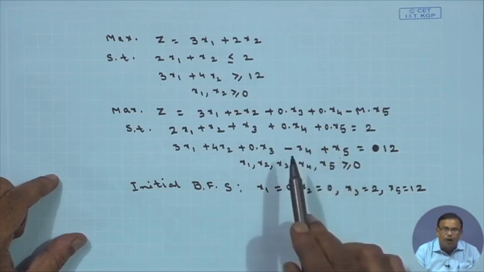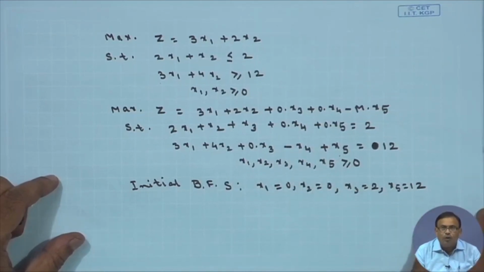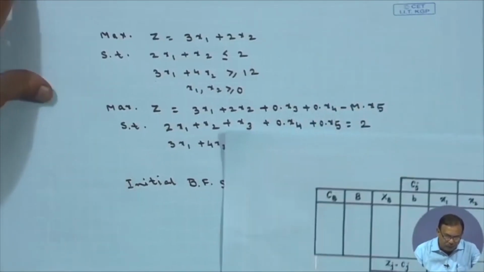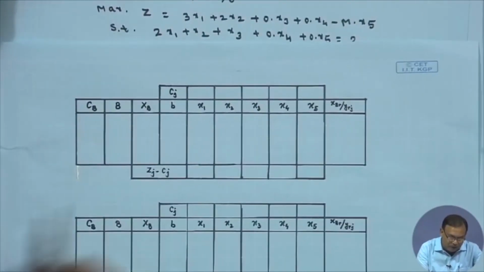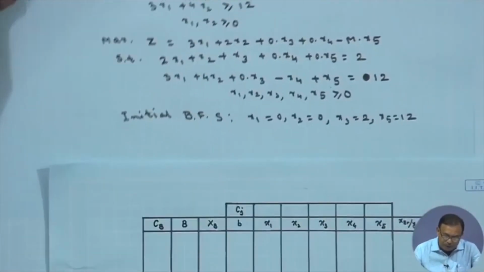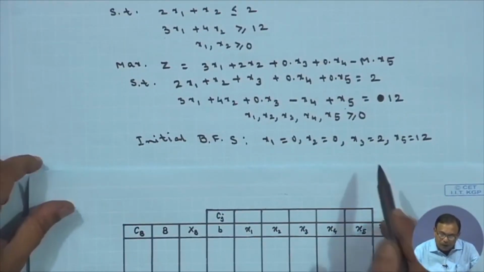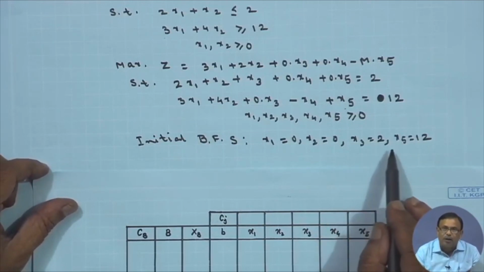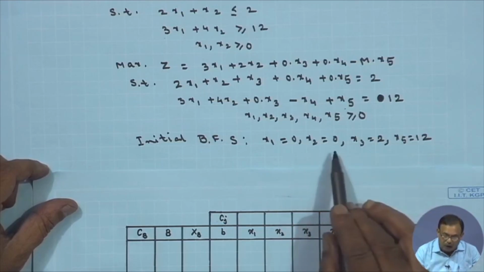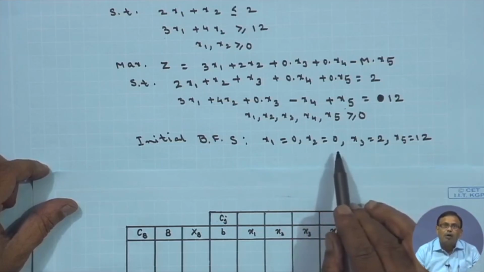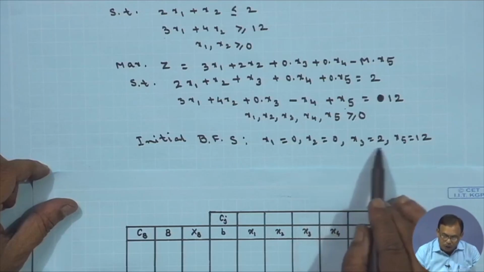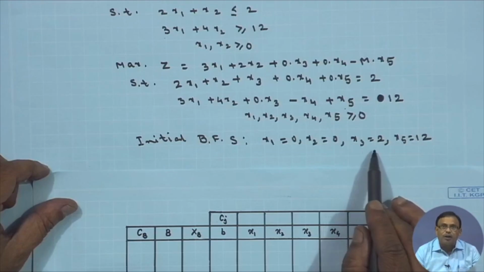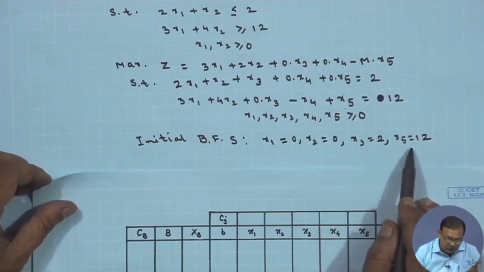Now, I will write this in the tabular form, which again we discussed earlier. If you see, in this particular problem, in the basis there will be two vectors, that is x3 and x5, because all others are zero. In the basis all vectors cannot be 0, so we will take only the vectors whose values are non-zero. So, in the basis the variables are x3 and x5.